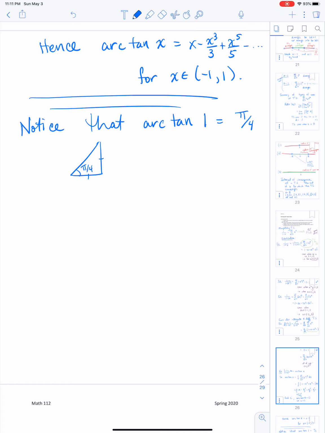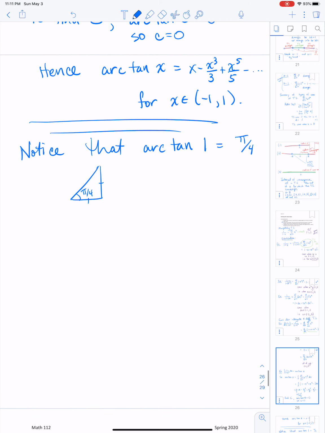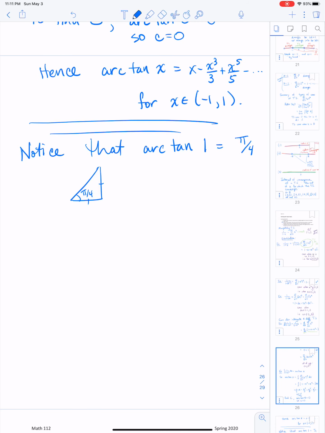And so now we can use this. So notice the series representation, so pi over 4 is equal to arctan of 1, which is equal to 1 minus 1/3 plus 1/5 minus ... Okay, and so it turns out that in fact we could approximate pi over 4 using this sum. We could also approximate pi, which is equal to 4 times arctan of 1.